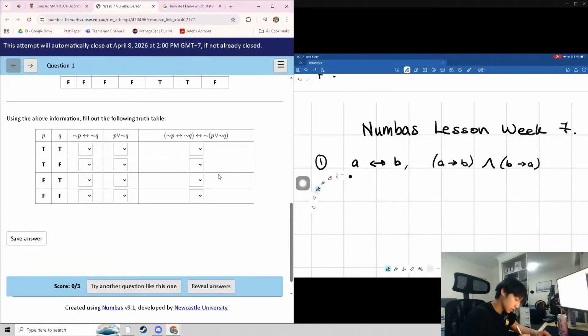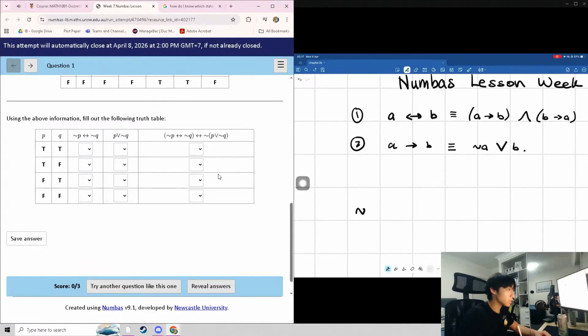And the second law is the normal one: if A implies B, that's also equivalent to the negation of A or B.